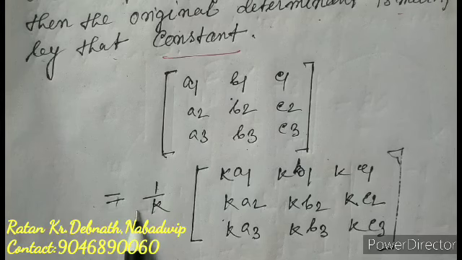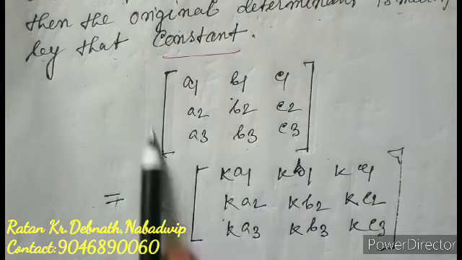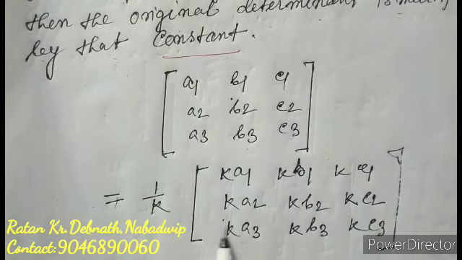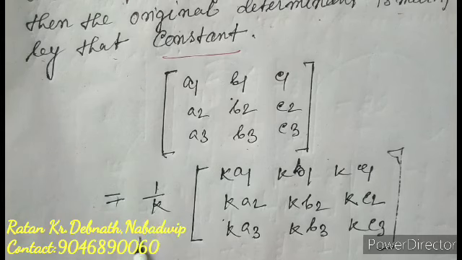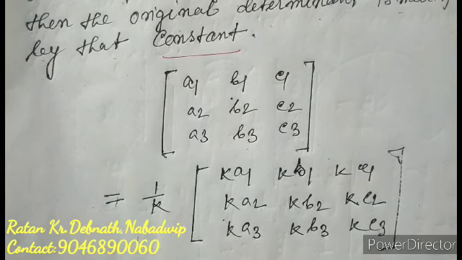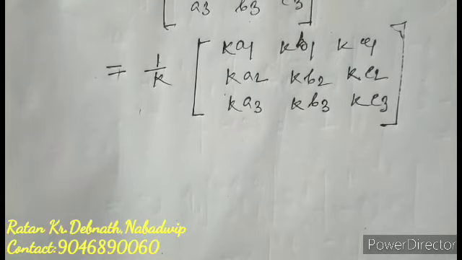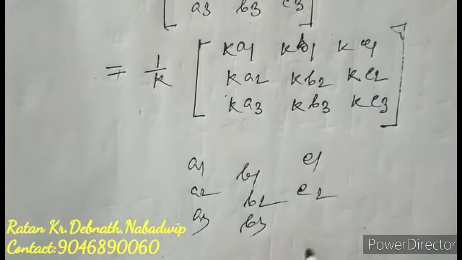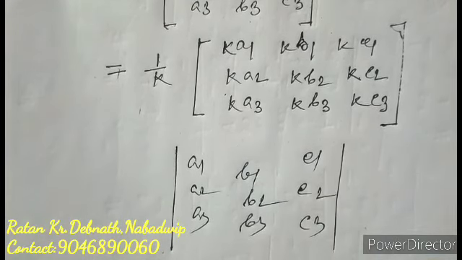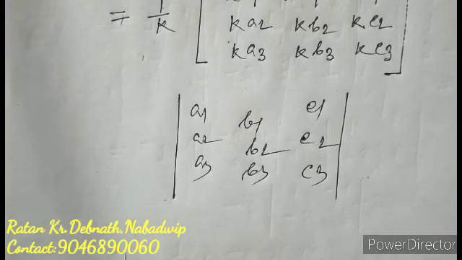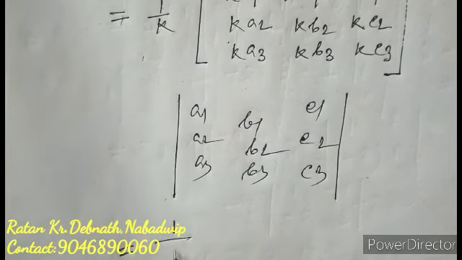We multiplied all the elements of this matrix by k, and so in order to balance up, I just take 1 by k outside. But remember, in case of determinant, if you want to balance up it, you just write 1 by k.